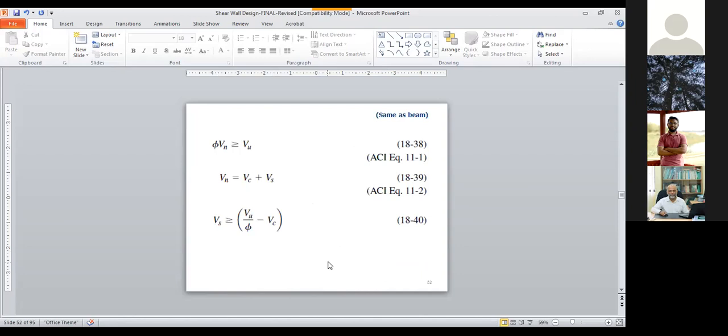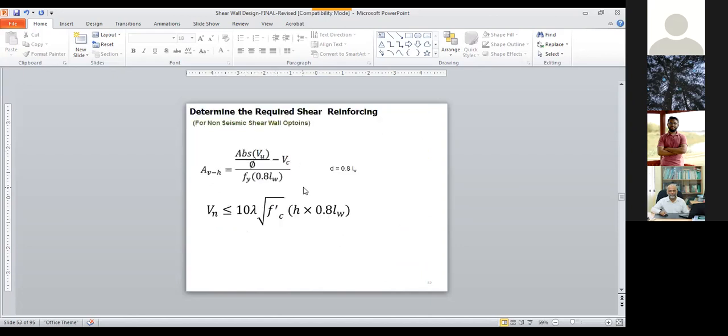And finally, of course, you need to satisfy this: you have concrete, you have steel, and your nominal shear will be taken by concrete as well as steel. And of course, your design shear force should be more than the required shear force that you get from the analysis.